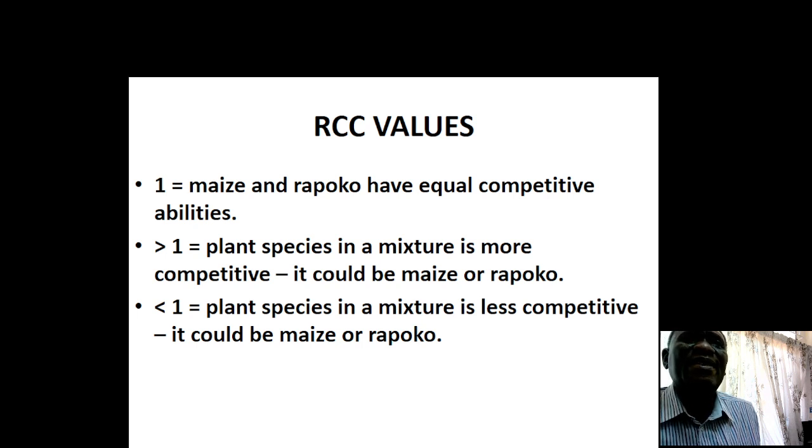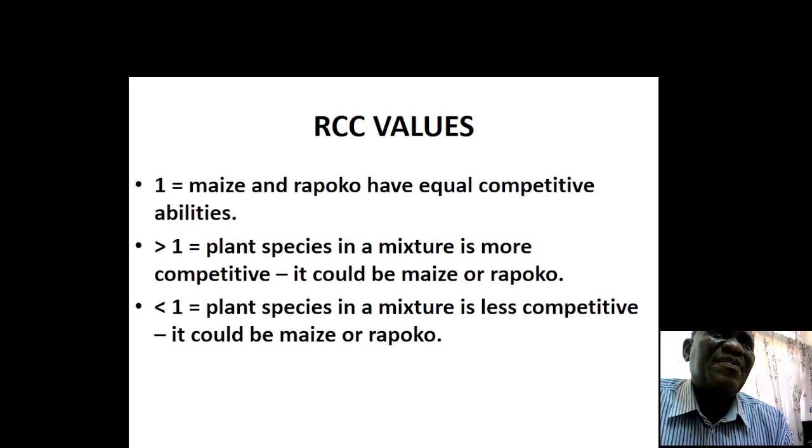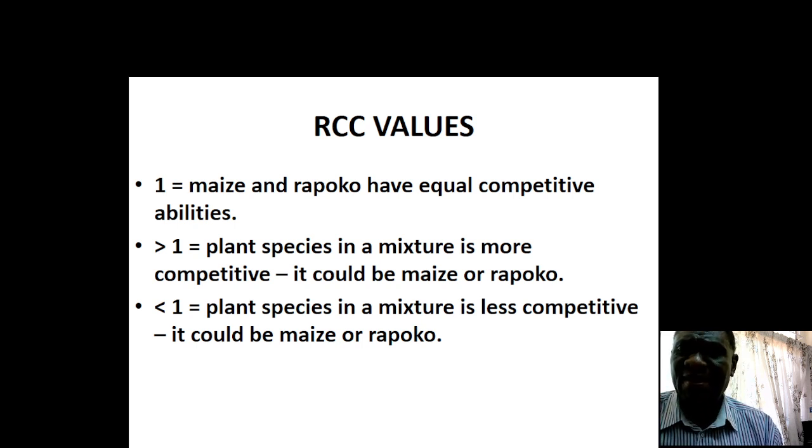Greater than 1, plant species in a mixture is more competitive. It could be maize or rapoko depending on the equation which we have used. If it is less than 1, it means plant species in a mixture is less competitive. It could be maize or rapoko, also depending on the equation which we have used.